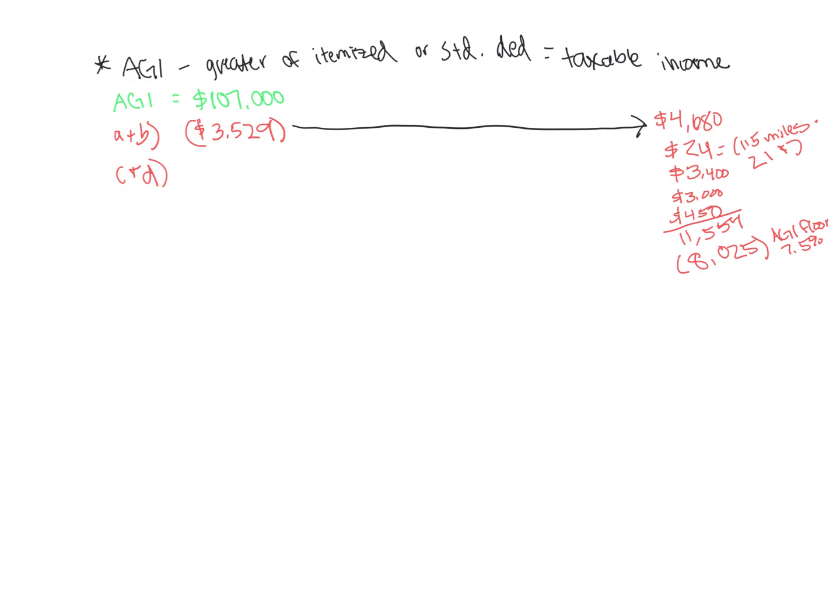So the amount of taxes that can be itemized here is $2,050.